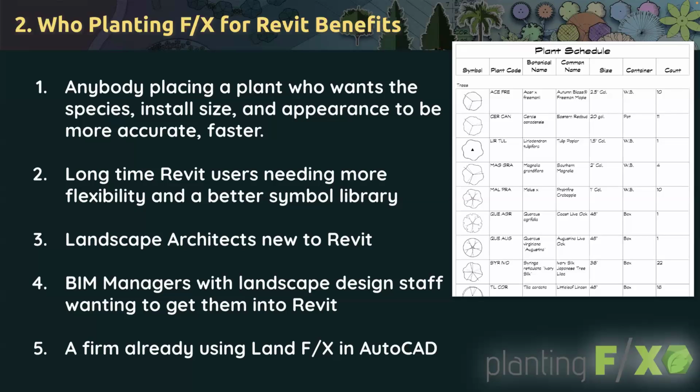So longtime Revit users even who want a bit more flexibility, like the traditional practice in Revit is you create a family for a particular species and you set up all the information about that species ahead of time. But in landscape architecture design, you guys use a lot of different symbols, as you can see here in the plant schedule.